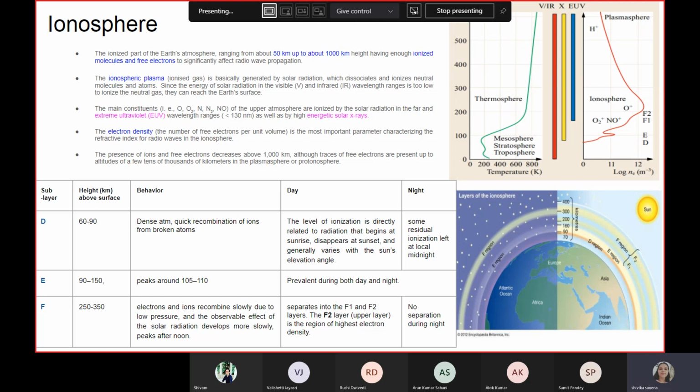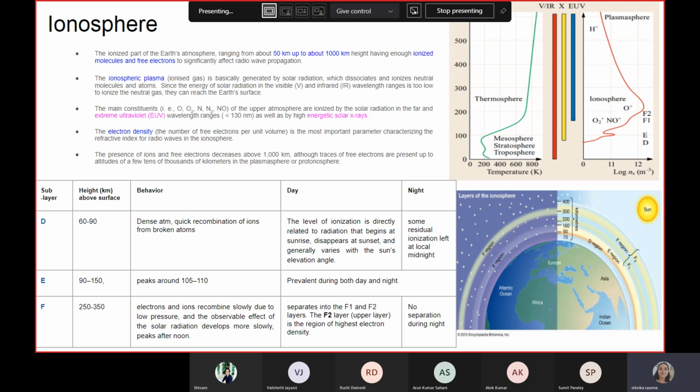These are the three important wavelengths in the energy that is coming from the sun and interacting with this portion of the atmosphere and producing this ionized gas or ionospheric plasma.